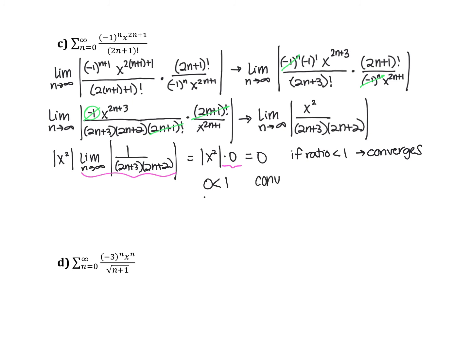Therefore, this converges for all real x values, which means my radius is infinity and my interval goes from negative infinity to infinity. So this is one particular polynomial or Taylor polynomial that converges when the center is at 0. All right, try the next one.